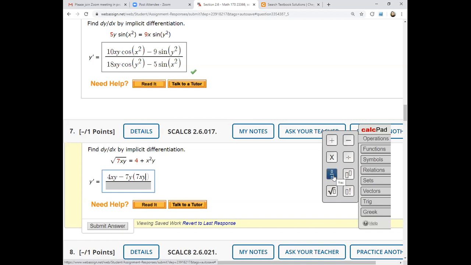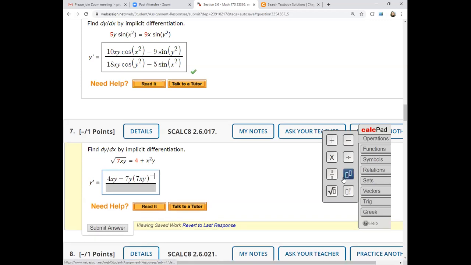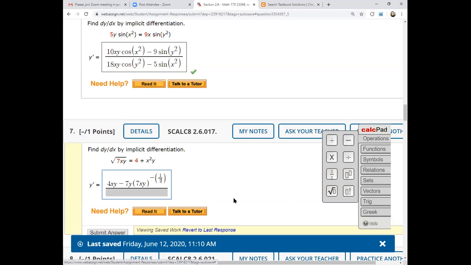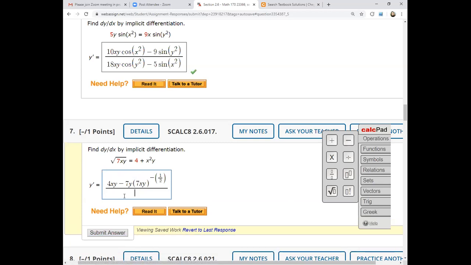So then I have two fractions with a root of 7xy within there. To make it work, I would have to multiply everything by the square root of 7xy.